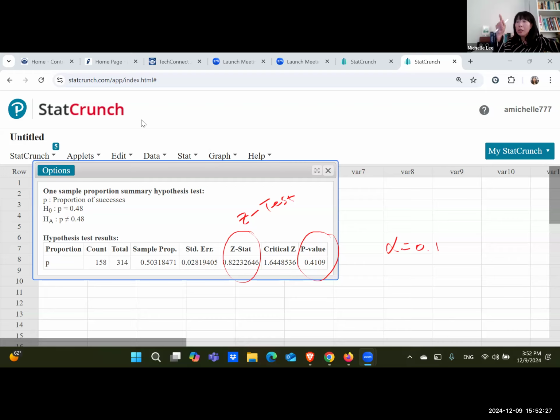It's greater, yes. Then we do not reject the null hypothesis, right?